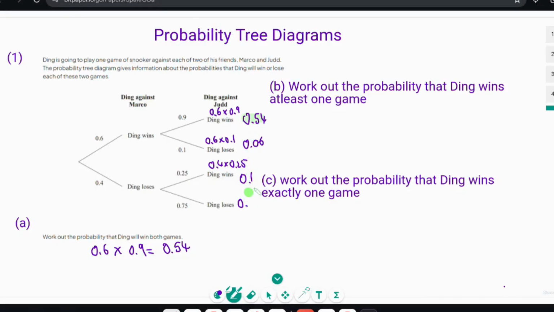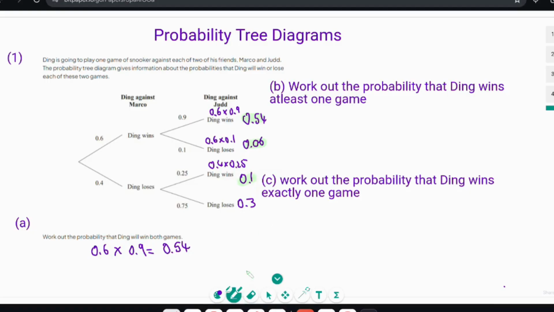Now, let's just see what we need here. Work out the probability that Ding wins at least one game. So as discussed earlier, we need the top option, this option, and this option.